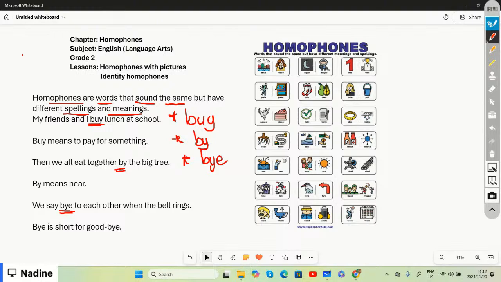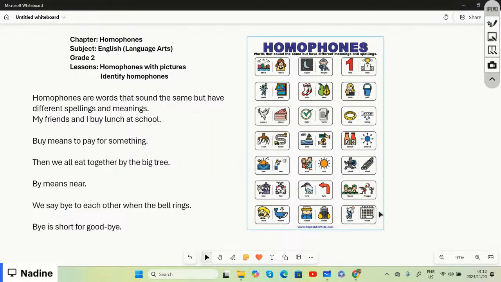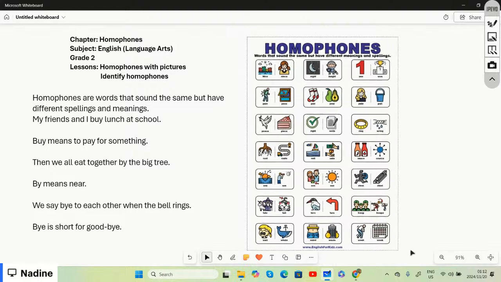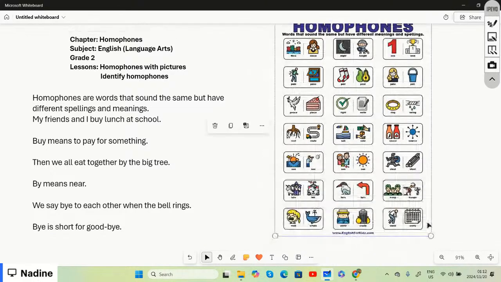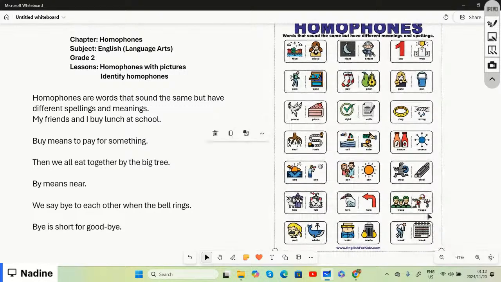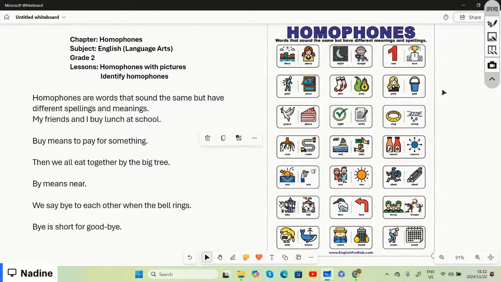And if we look at a few examples of homophones, here we have pictures of words that sound the same. So there's at least two words that sound the same, but the spelling of these words as well as the meaning of these words are different.